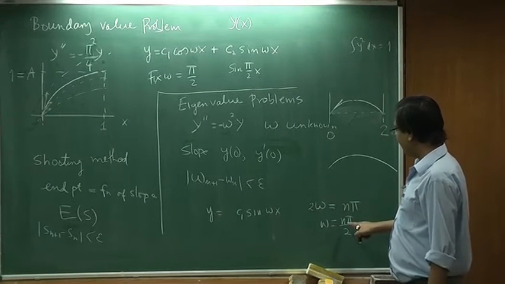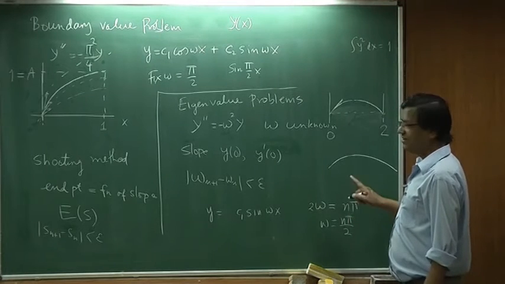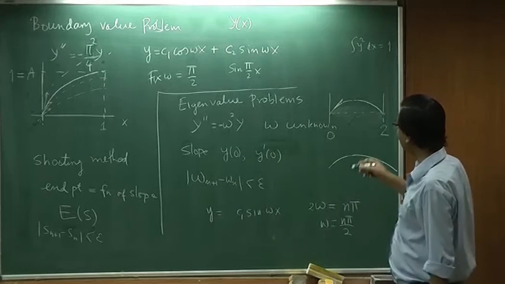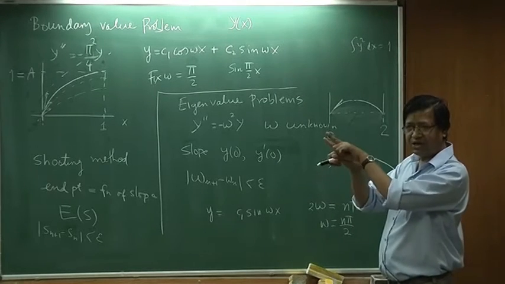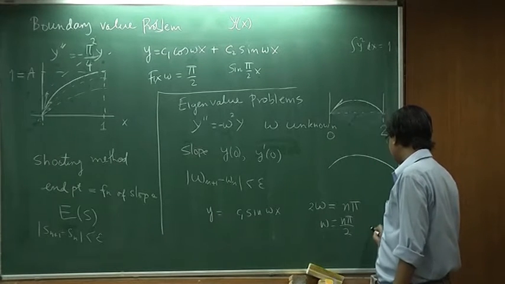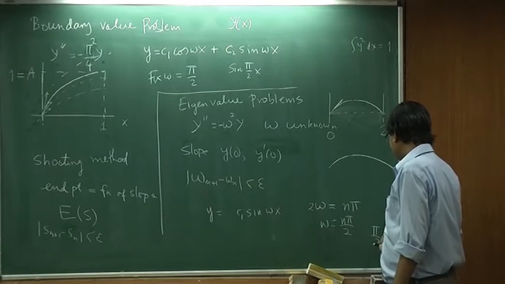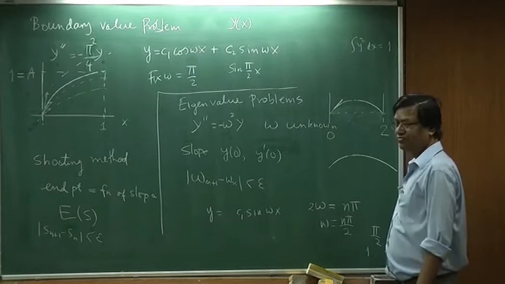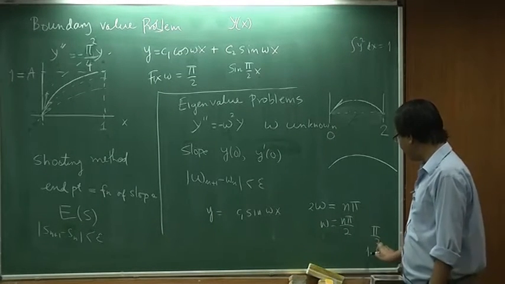So for my computer program, if I choose a window, I have to start with two omegas initially. My first solution is pi by 2, which is around 1.5. So I would like to choose between 1 and 2; this is my omega 1 and this is my omega 2.